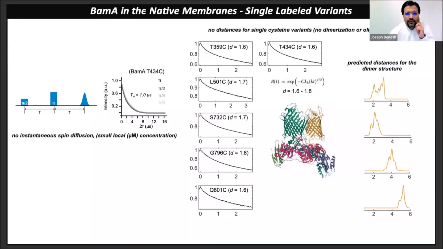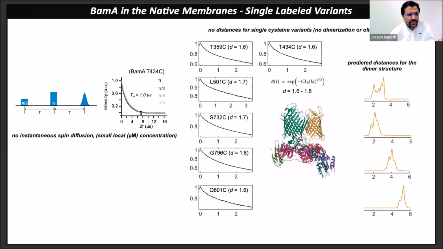So when we go for overexpression in the native membranes, one concern here is: does the protein dimerize, oligomerize, or aggregate? This would be very bad for pellet experiments. So here, first we measured instantaneous diffusion by decreasing the flip angle of the pi pulse from pi to pi over 6.